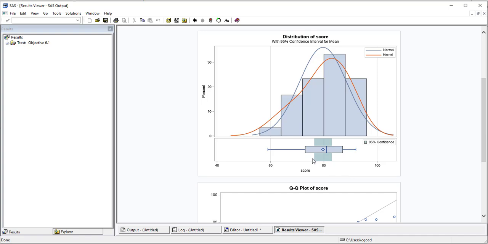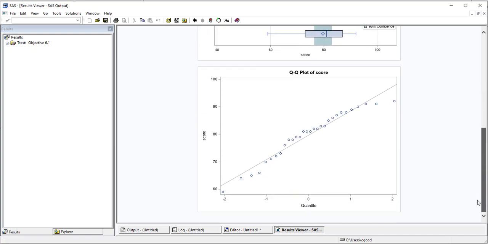This confidence interval is larger than 75, which is a little difficult to make out here, but that supports our decision to reject the null hypothesis. When we look at a QQ plot, we're looking for our data points to lie along this reference line to indicate that it's a normally distributed sample.